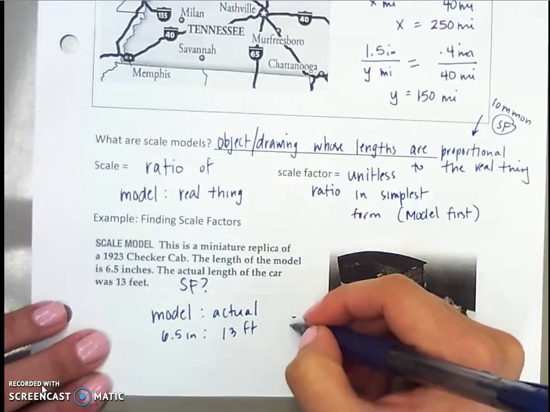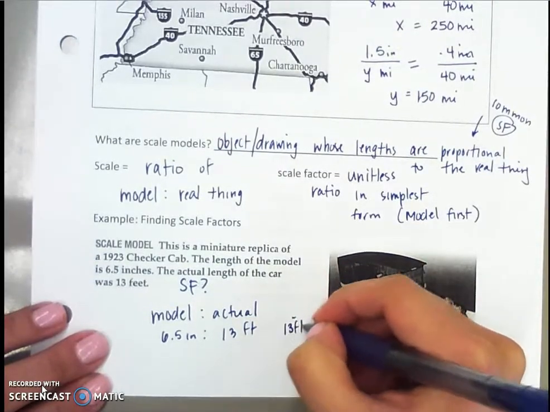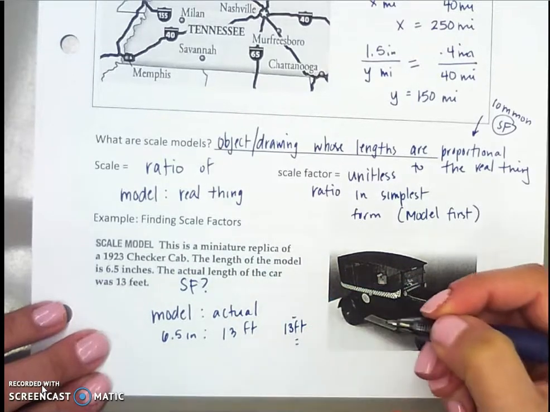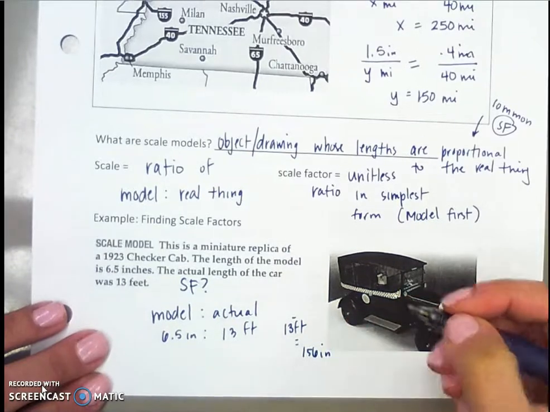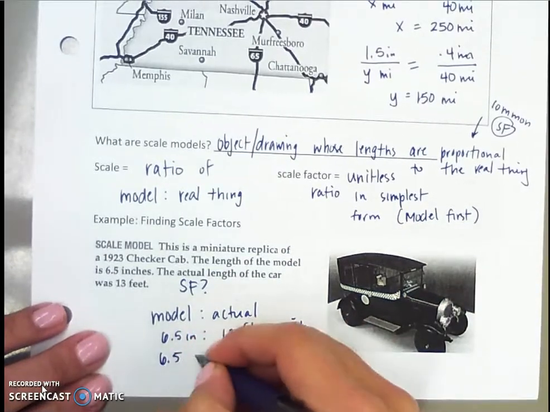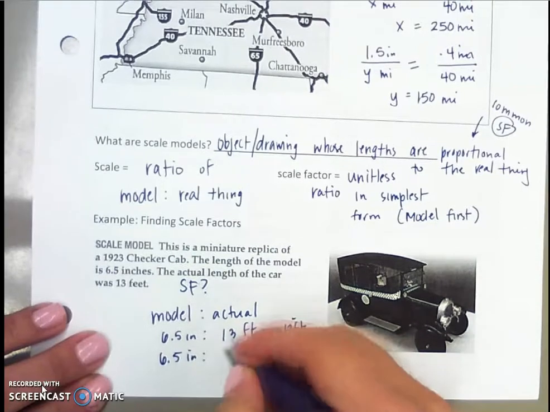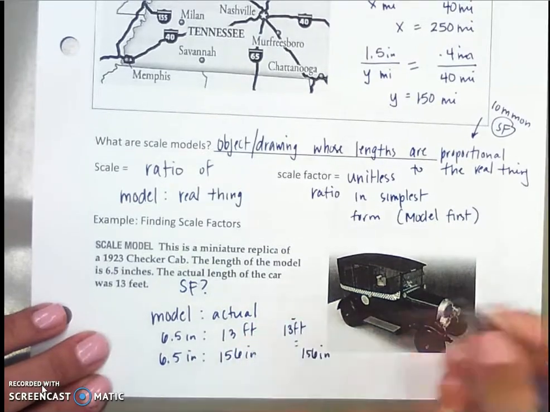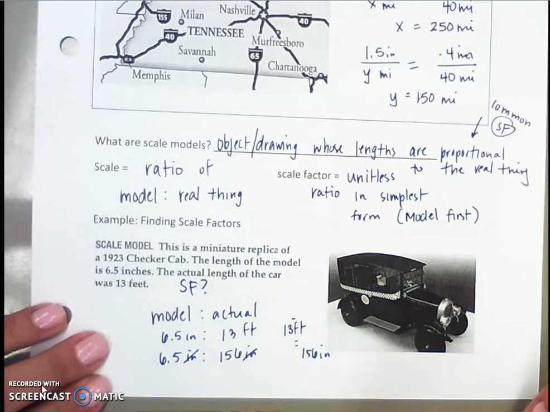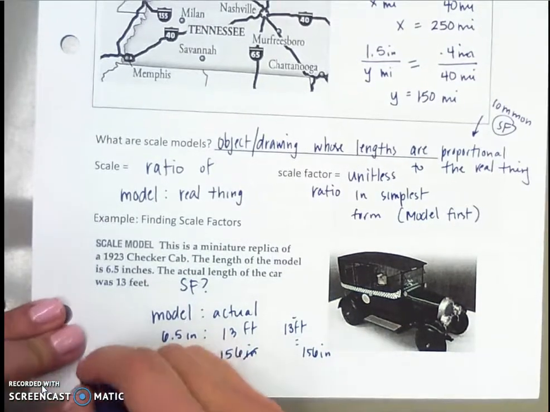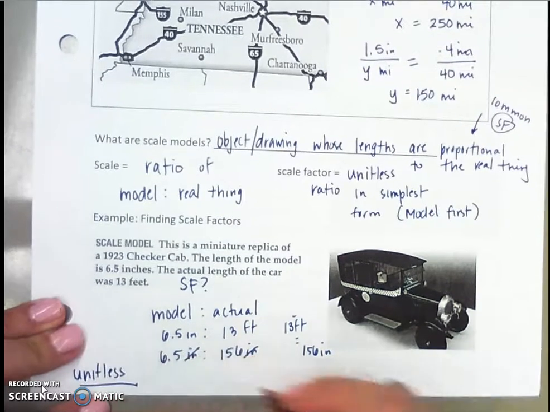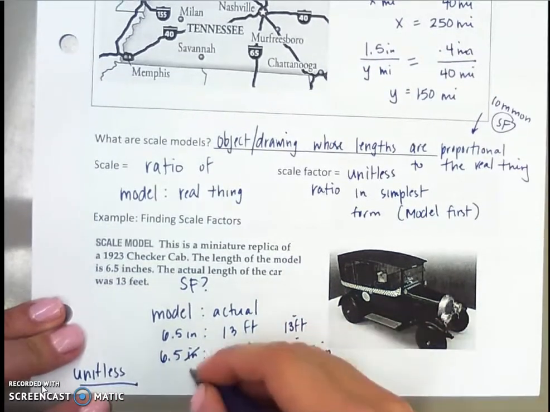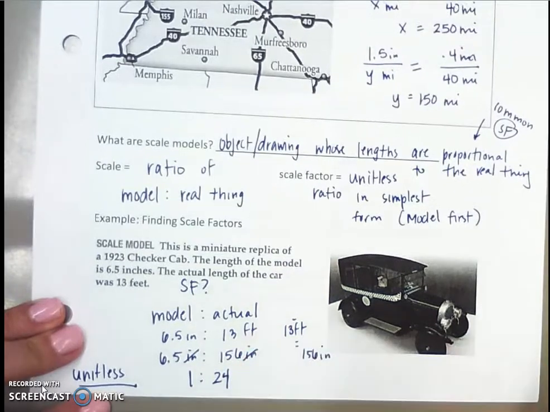Well, 13 feet is the same thing as 156 inches. So we have 6.5 inches to 156 inches. Our inches cancel out, making this unitless. And we get 1 to 24 after some simplification.